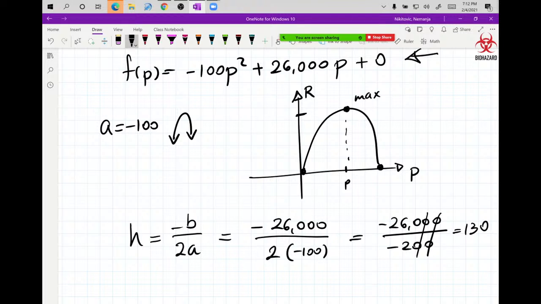So it seems that if you have 130 set as a price, you are going to have the most money made. If you remember, it was the airplane flying between my two locations. So if you set the price at 130, you are going to make the most money.